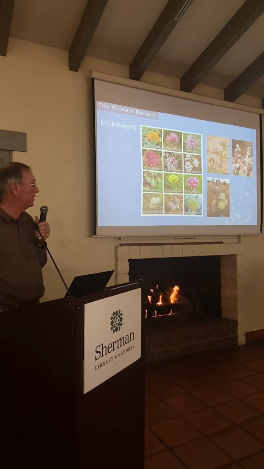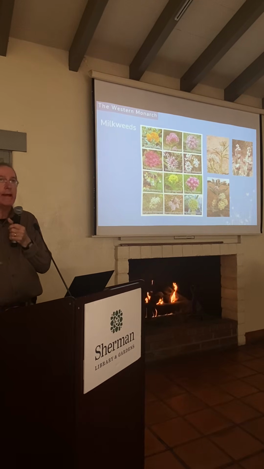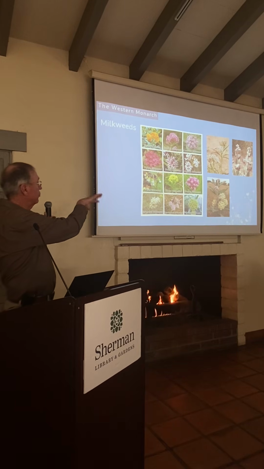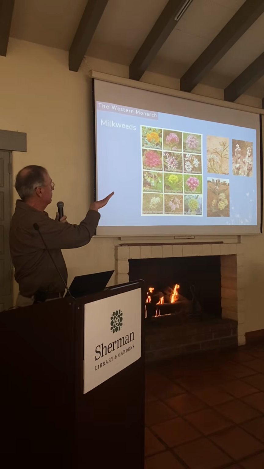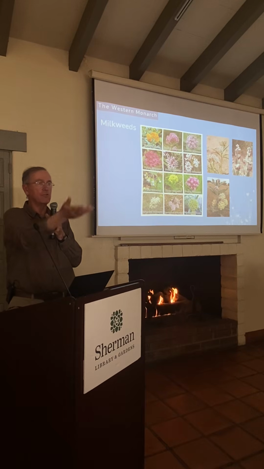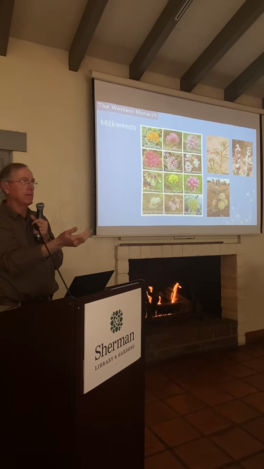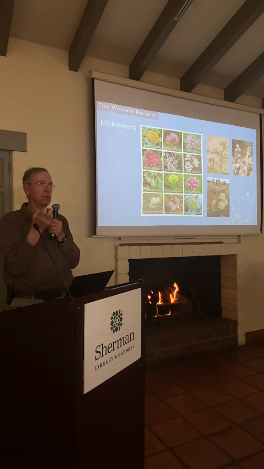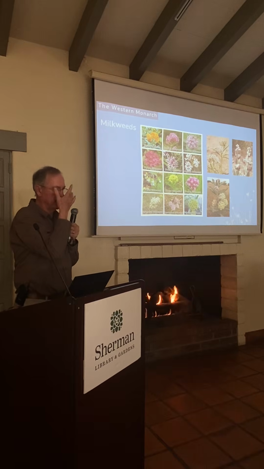In our area, we only have 3 native milkweeds, and those are the 3 on the right, which I'm going to profile individually in a moment. But there's lots of other milkweeds, and one of the lessons that I want to offer is that all milkweeds are not the same. I think most of you know that, but I want to reinforce that. Just because you're growing milkweed still might not be the answer to how you can help a monarch.